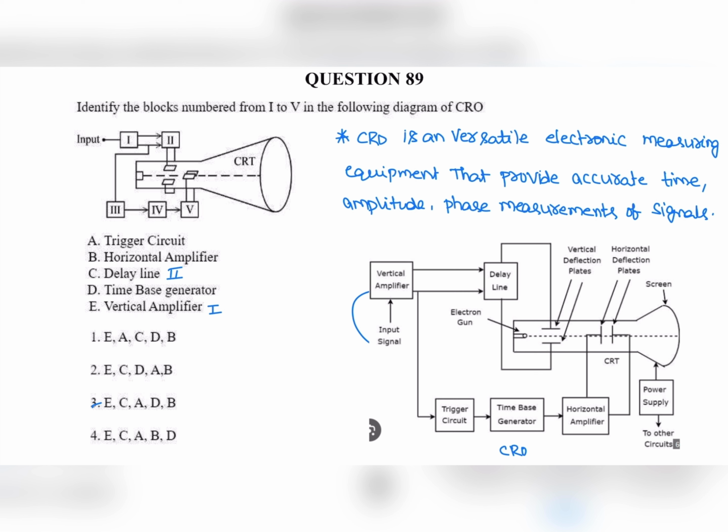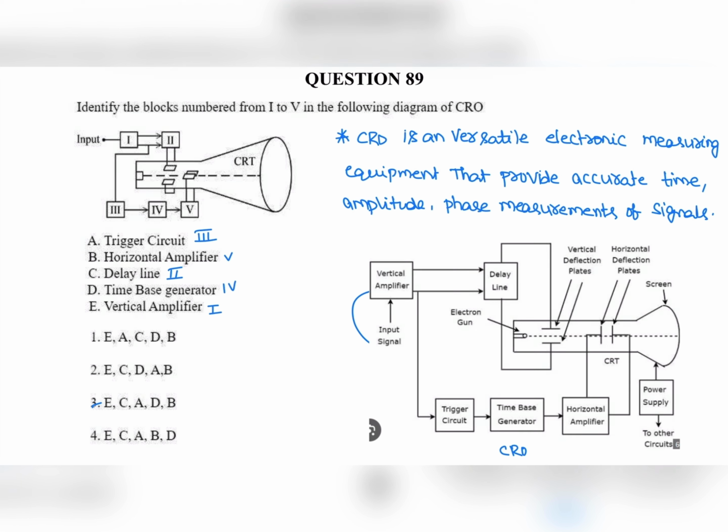Next, 3 is A, that is the trigger circuit. The trigger circuit is given to the horizontal amplifier. Before that there is a time base generator. D is 4 and this is 5.